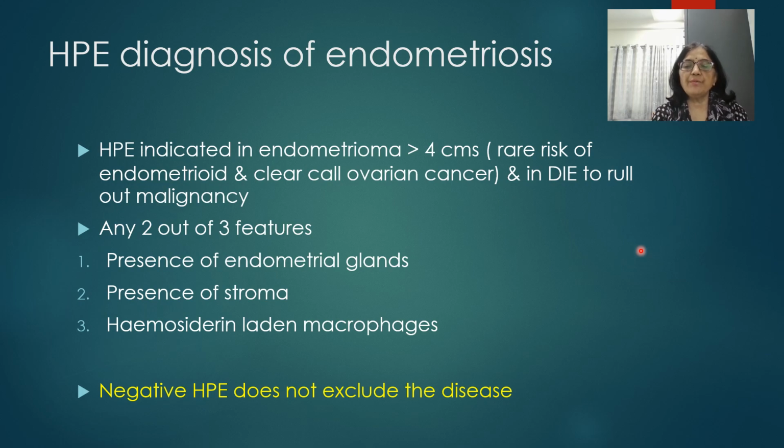Because there is formation of adhesions and fibrosis, and even in endometrioma, when it is long-standing, there is so much flattening of the surrounding epithelium that any two of these three features might not be seen in spite of the patient having the disease. So this last sentence is important: negative histopathology does not exclude the disease.